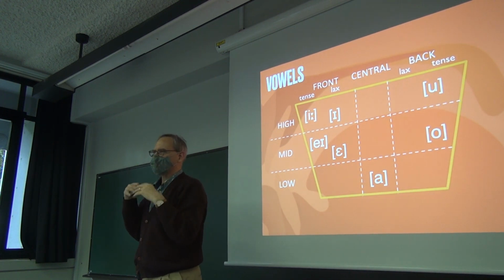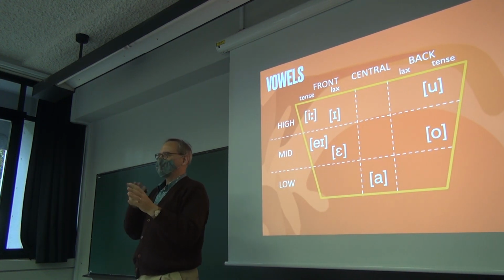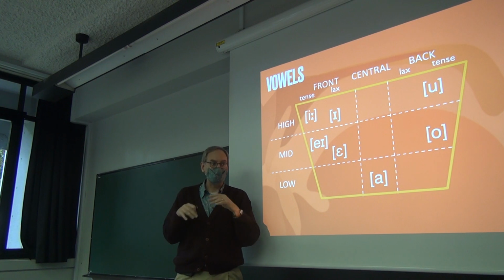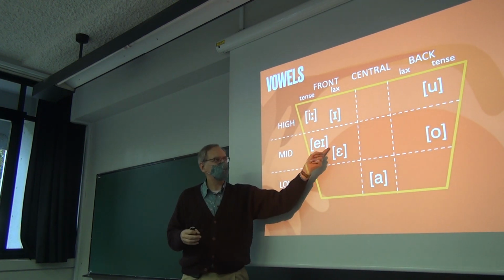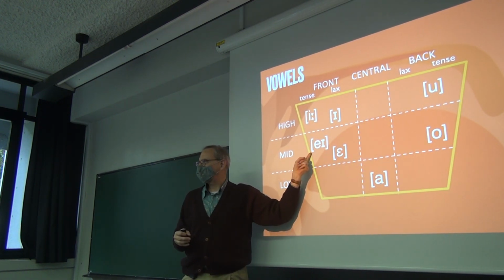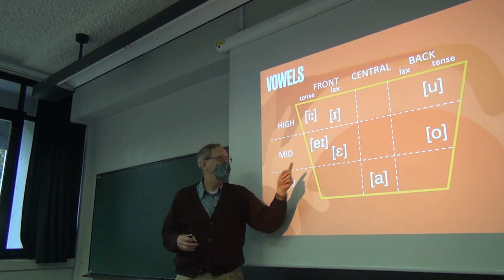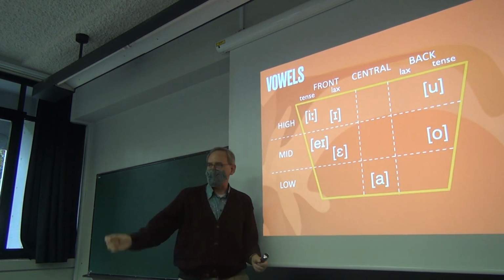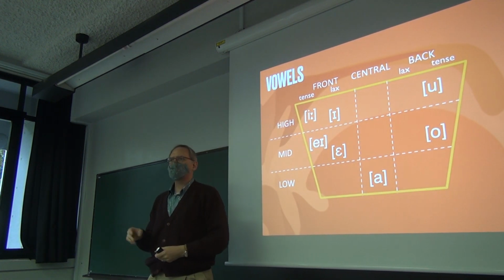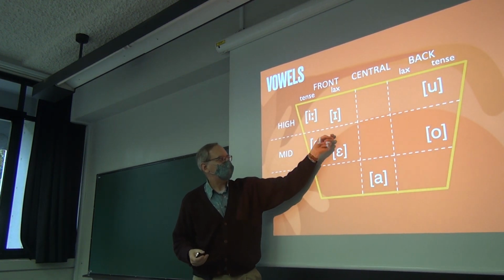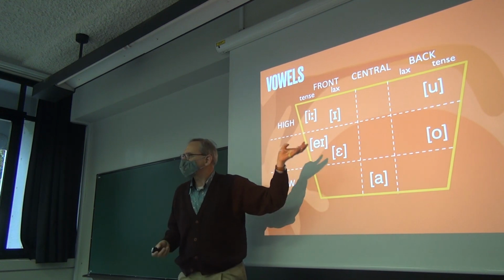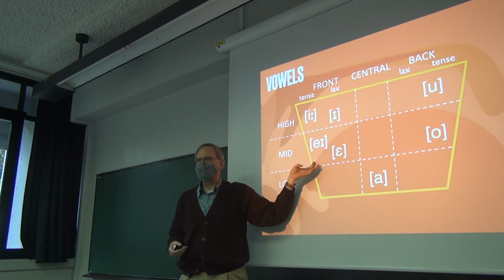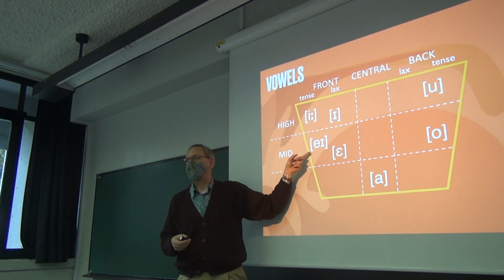So when I say A, there's some possible confusion because I'm going to be a little bit mixed. I will refer to this as a mid-front tense vowel, but I will also refer to just the symbol, the letter E, as a mid-front tense vowel. It just means this is the English pronunciation of the mid-front tense vowel.